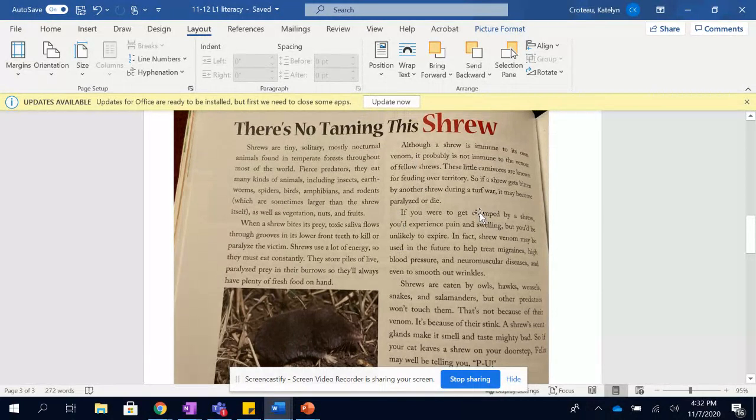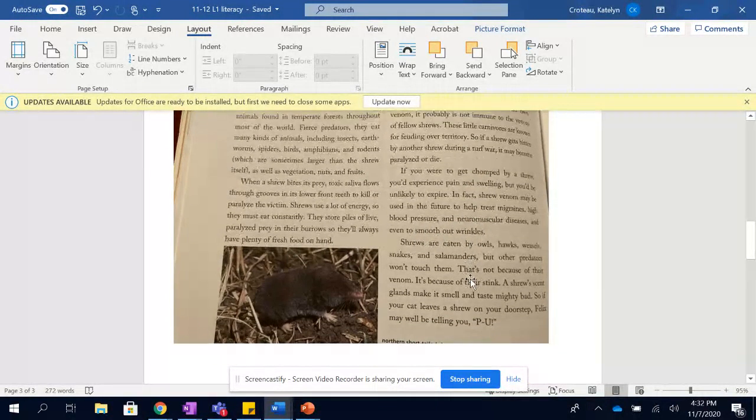If you were to get chomped by a shrew, you'd likely experience pain and swelling, but you'd be unlikely to expire. And we'll hear the meaning of that word down below. In fact, shrew venom may be used in the future to help treat migraines, high blood pressure, and neuromuscular diseases, and even smooth out wrinkles.